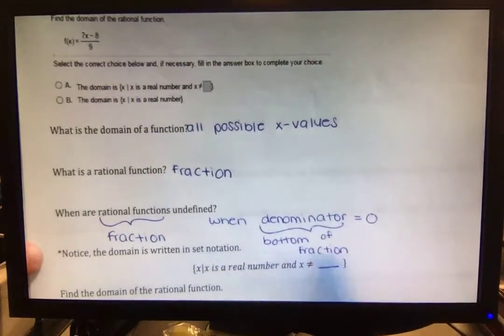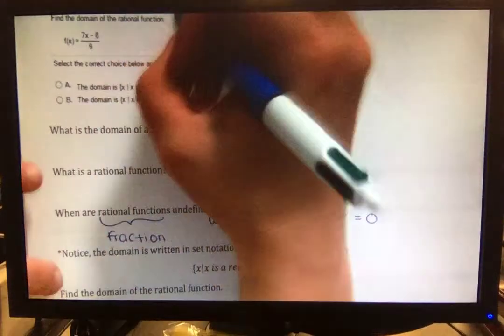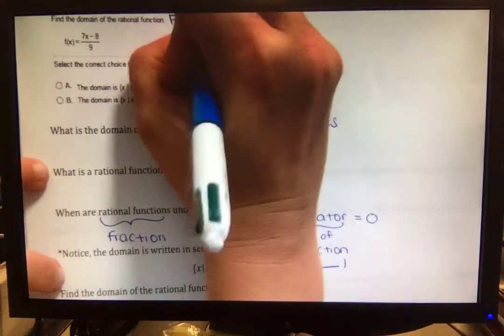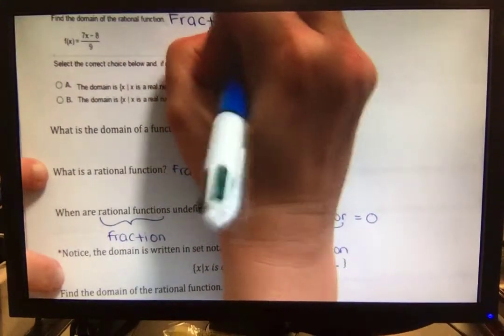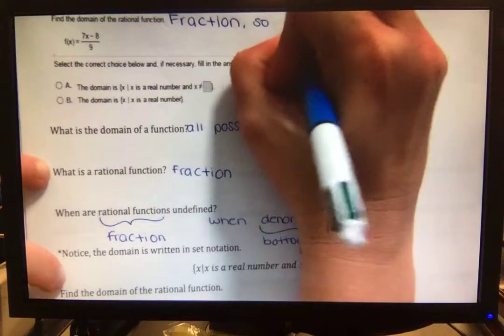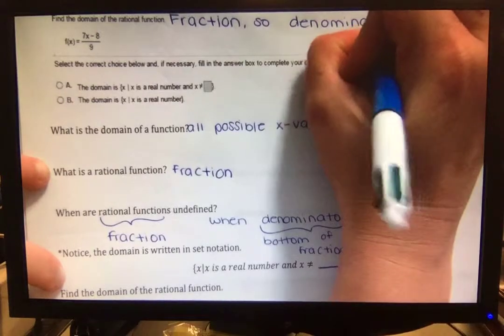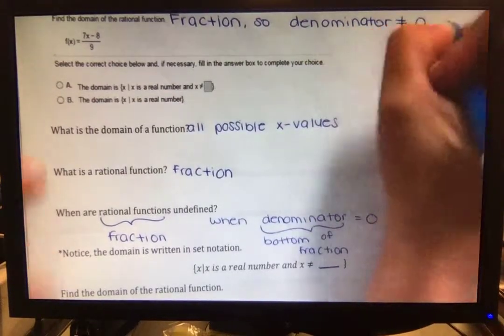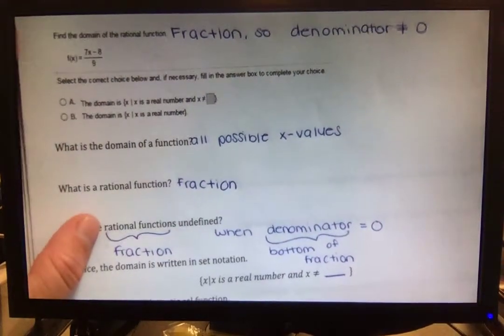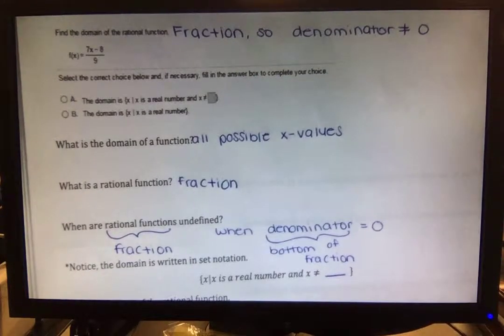When the denominator equals 0. Anything else can happen, but it's going to be undefined when the denominator equals 0, so the denominator cannot equal 0.